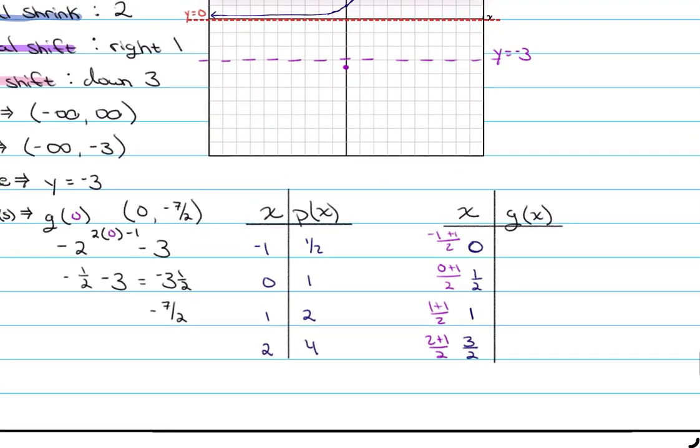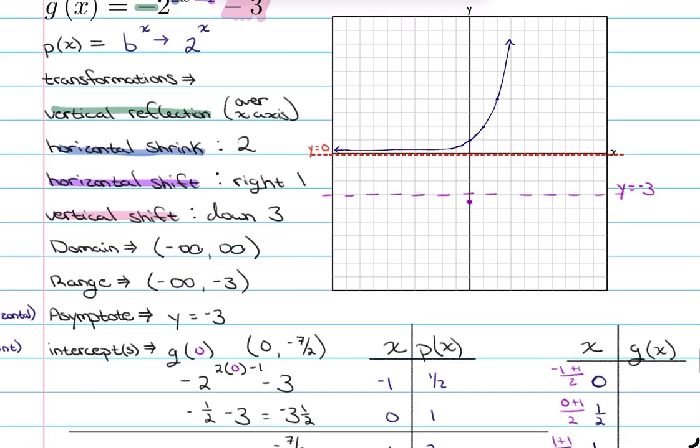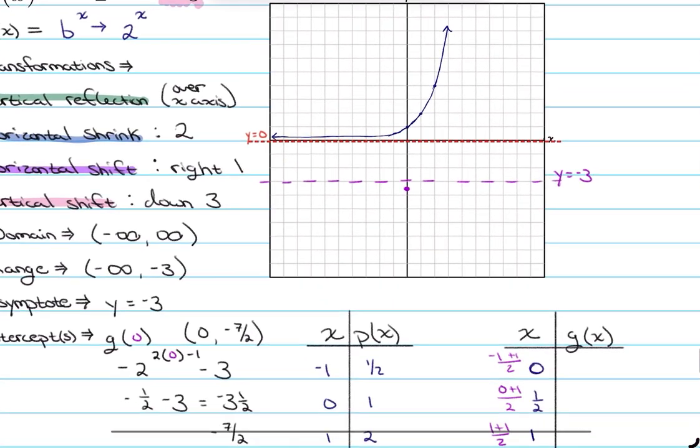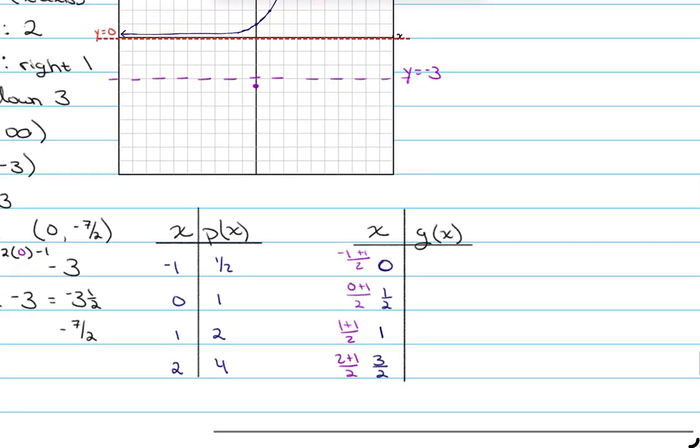For our vertical shift, we want to do the reflection first, and then we want to shift it up or down. So we will do negative 1/2 and then subtract 3. So that ends up being negative 3.5. That's our y-intercept, right? Oops. I want to write it as that mixed number.